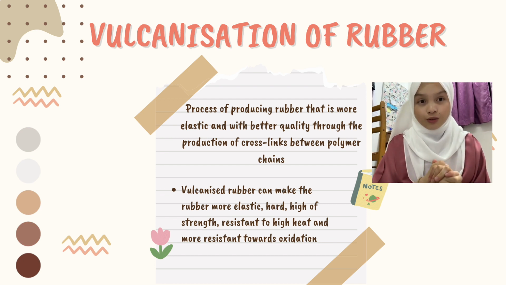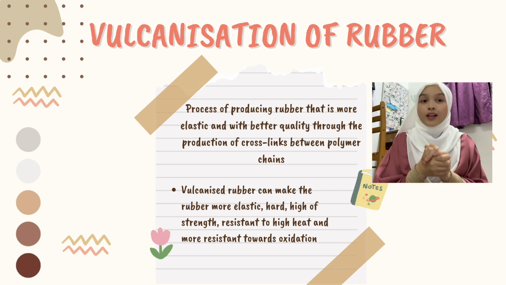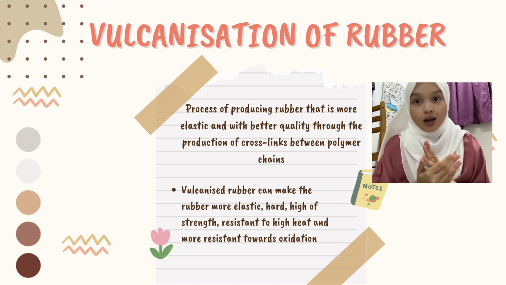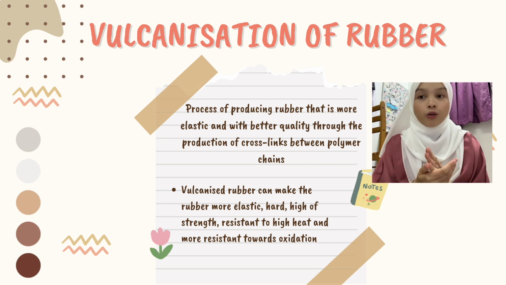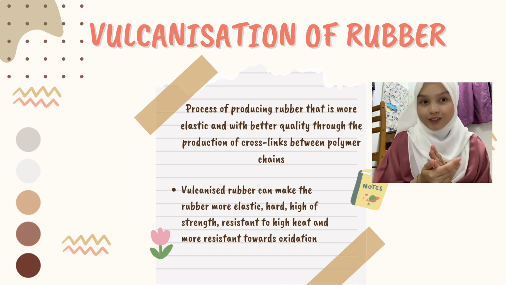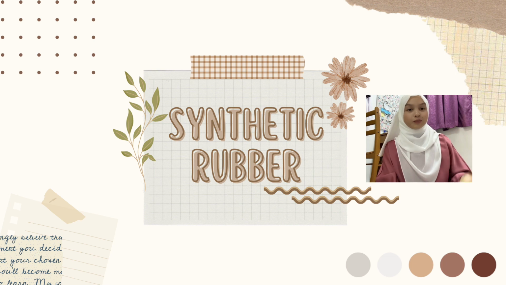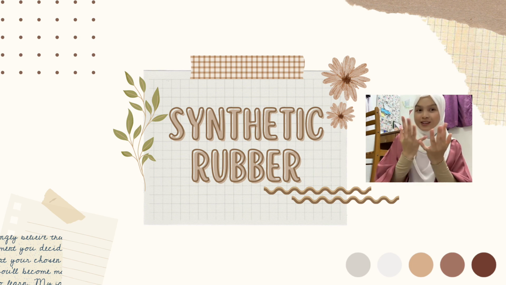Vulcanized rubber is more elastic, hard, high in strength, resistant to high heat, and more resistant towards oxidation.